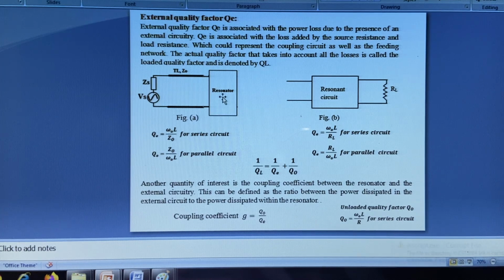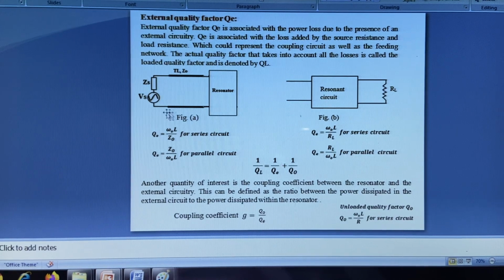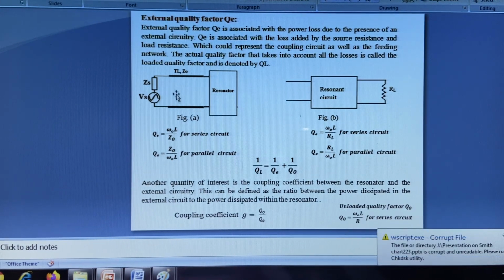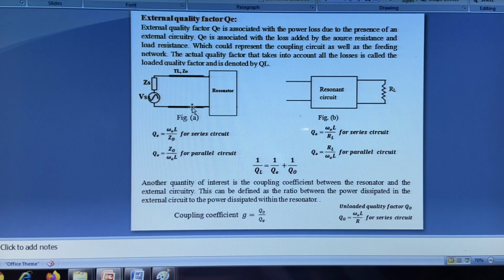If this resonator is a parallel resonator circuit, then QE is given by this. So this is associated with the source side, for the losses of the external circuitry connected from the source side to the resonator.